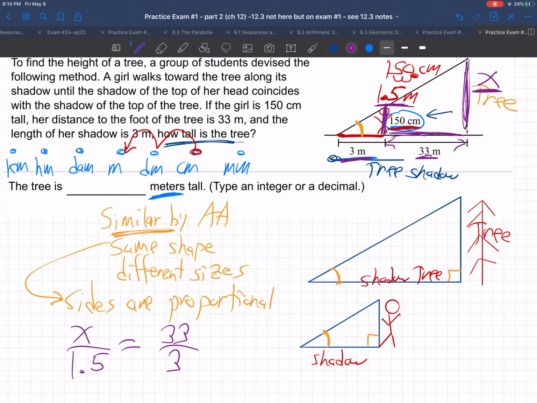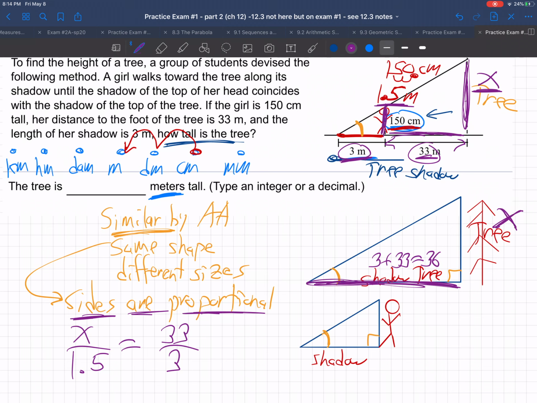So you can only use whole sides of the triangles, right? The sides are proportional. 33 is not a whole side, so you've got to use the whole bottom. What's the whole bottom? 3 plus 33, that's 36.